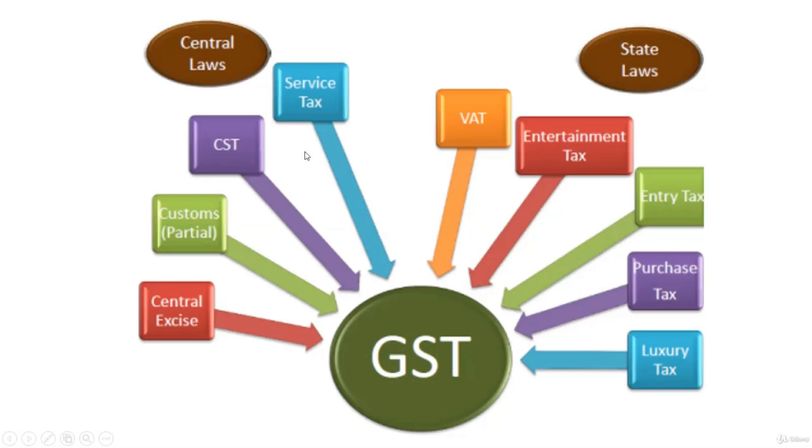All these taxes have combined into a single tax, that is Goods and Services Tax. Earlier we were paying VAT, CST, excise duty, luxury tax, entertainment tax, and you could not take the benefit of input tax credit across any of these taxes.